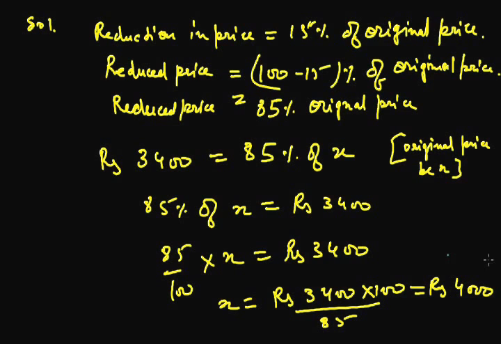So the original price must be rupees 4,000, and after reducing it by 15% we get rupees 3,400 as the reduced price.